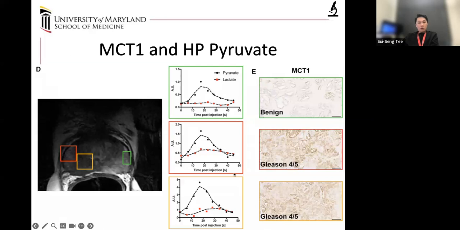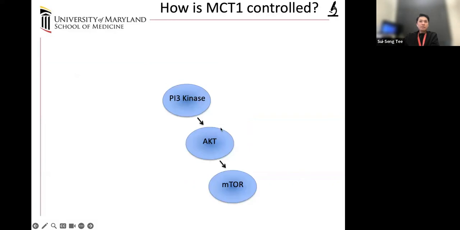In contrast, regions with higher Gleason score also show higher MCT1 expression and higher lactate production, perhaps suggesting that in regions where the prostate tumor is growing, MCT1 is upregulated. These tumors take in lots of pyruvate and convert a lot of it to lactate. So we have the ability to look at tumors eating pyruvate, if you may.